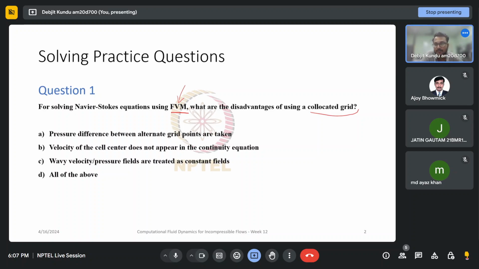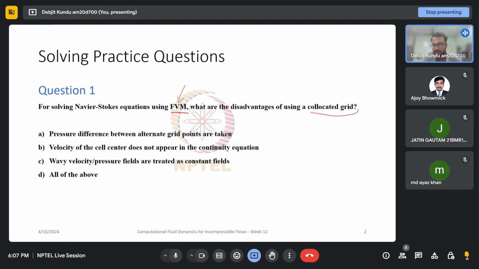Is it option A, that pressure difference between alternate grid points are taken? Is it option B, velocity of the cell center does not appear in the continuity equation? Is it option C, that wavy velocity or pressure fields are treated as constant fields? Or is it option D, all of the above? That is, all A, B, C are disadvantages of using a collocated grid.